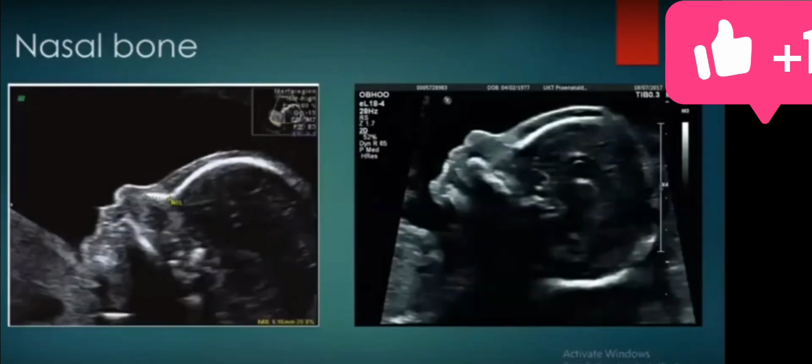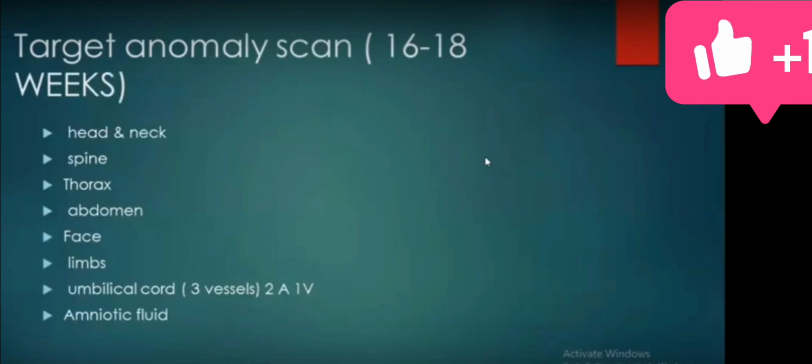In a Down syndrome patient, another thing to observe is the nasal bone. This is the nasal bone in a normal patient, and in this case there is absence of the nasal bone. Absence of the nasal bone is also an indicator of trisomy 21 or Down syndrome.